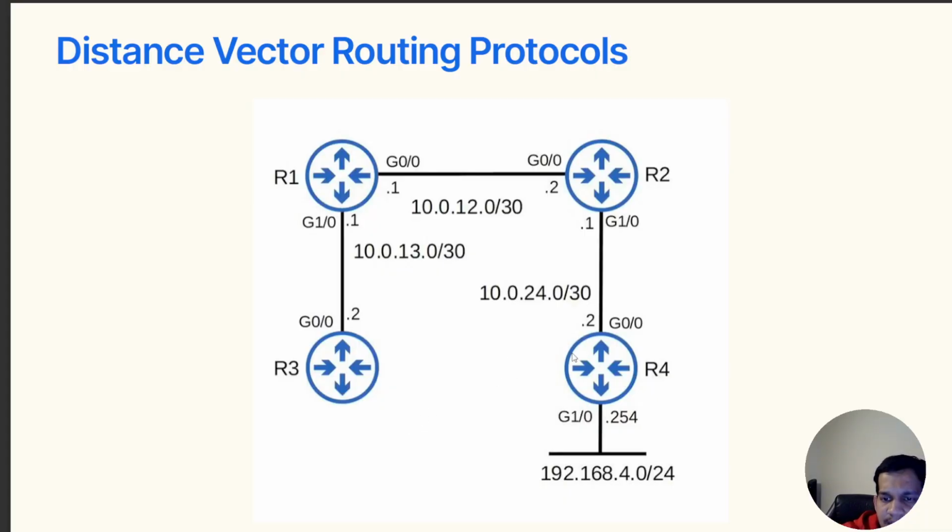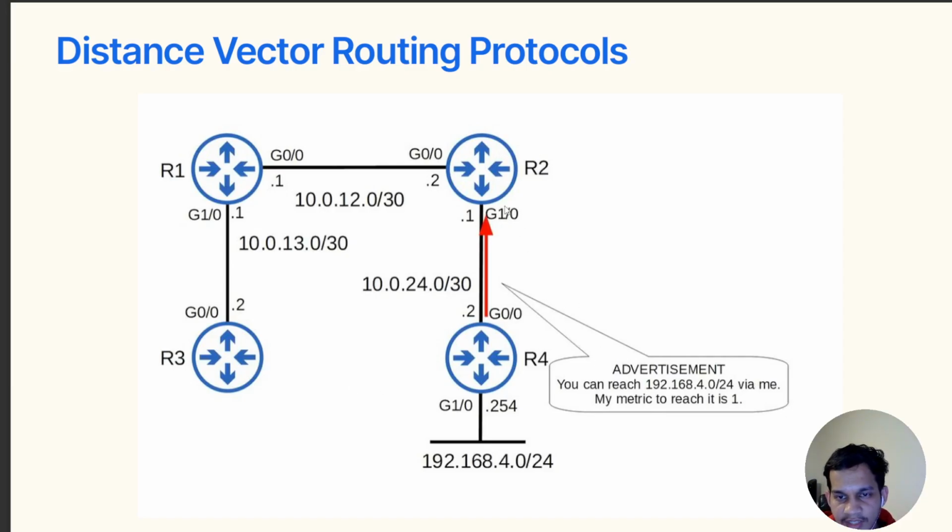So let's see an example over here. We have 4 routers, and let's say R4 wants to reach R3. R1 says I have a network 192.168.4.0. So how does it tell the others in a distance vector protocol? R3 sends an advertisement to R2 saying you can reach my network over here and the metric is 1. Don't worry about the metric, I'll cover it soon in upcoming slides.